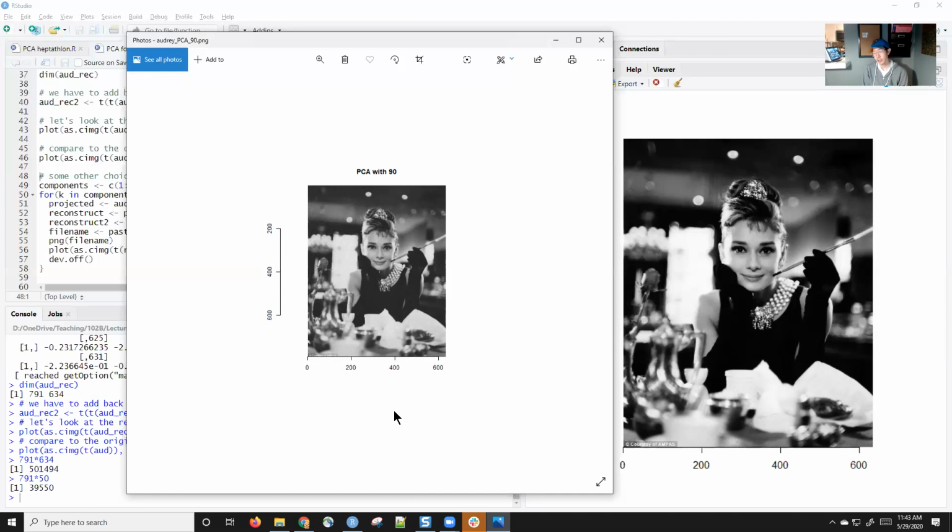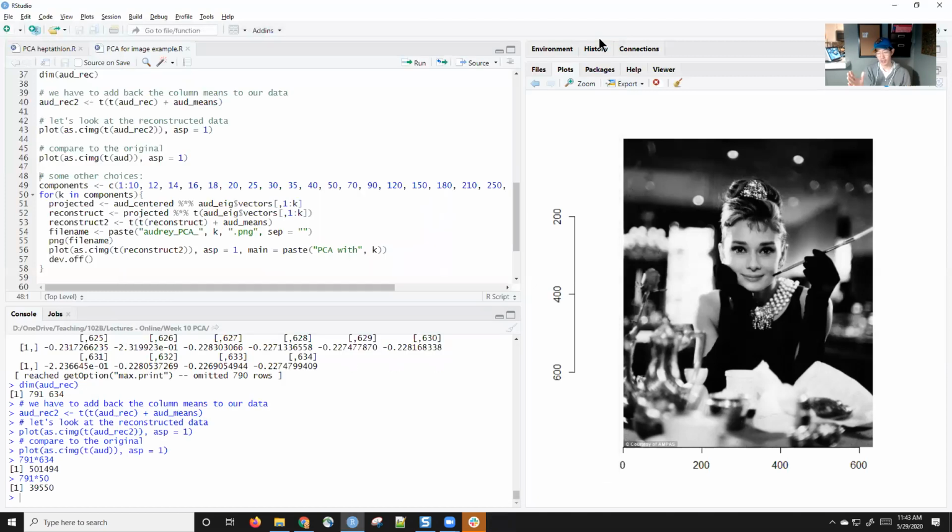It's not used for that in practice, but it is neat that we can apply this, and we can see that when you reduce the number of dimensions, you can still recover the original structure fairly well, right?